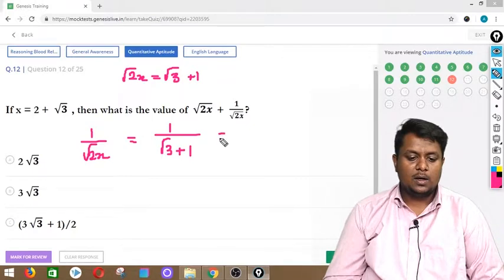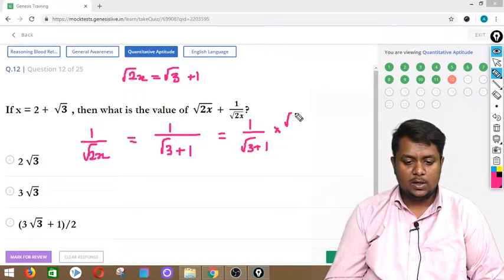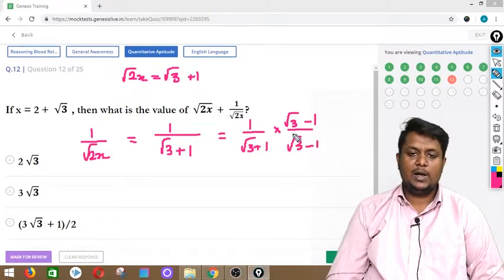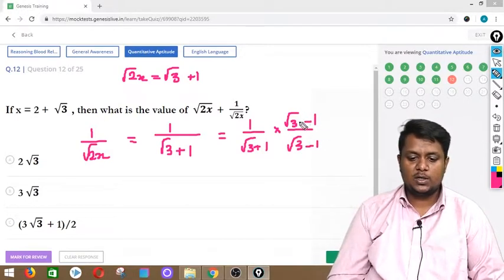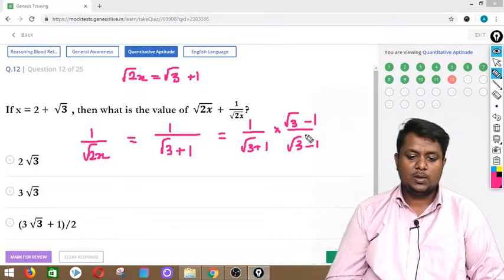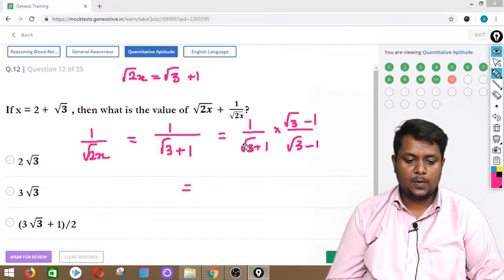I am going to multiply this with (root 3 minus 1) divided by (root 3 minus 1). When I do this, there is not going to be any change because I am multiplying the numerator and denominator by the same number, but it will help us to expand and solve this particular question.